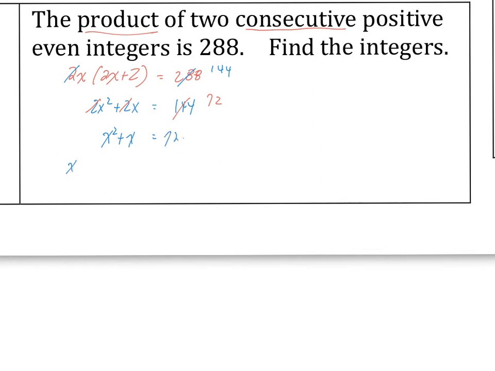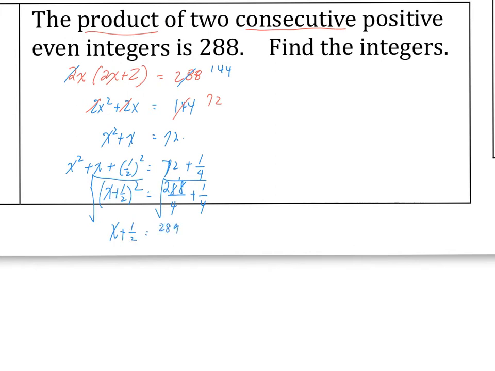Now we're ready to complete the square. So x plus half squared equals 289/4. Now we square root this.